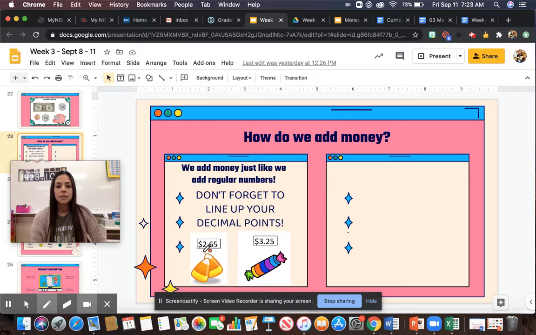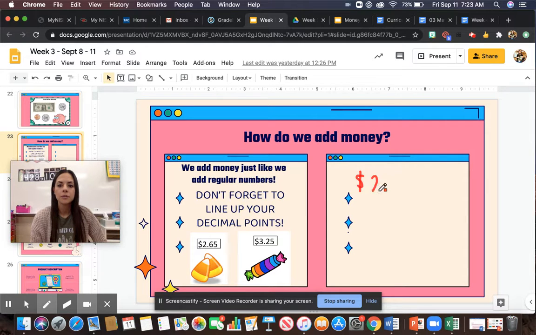I have candy corn that costs $2.65, and I have another piece of candy that costs $3.25. So I want to know how much that candy costs altogether. If you're watching this, you can write this down in your journal or on a piece of paper to practice. Since we're adding, it doesn't matter if the biggest value goes on the top or on the bottom.